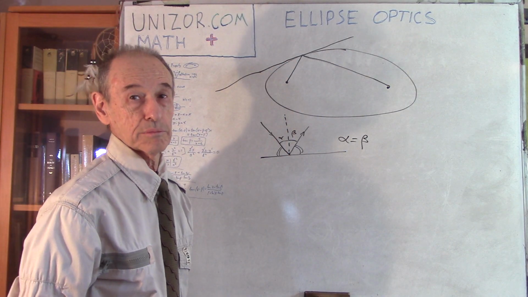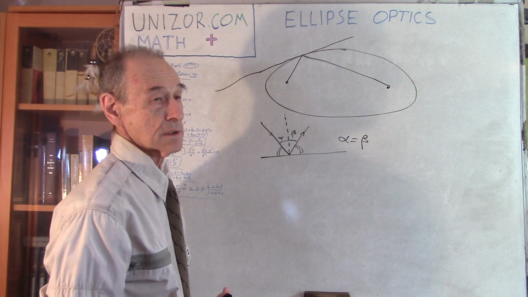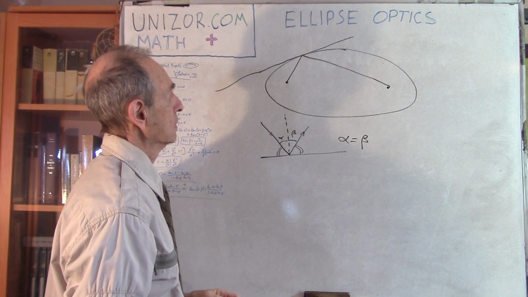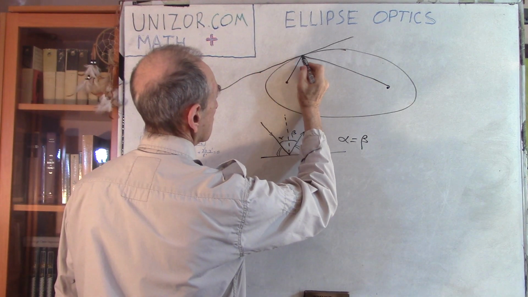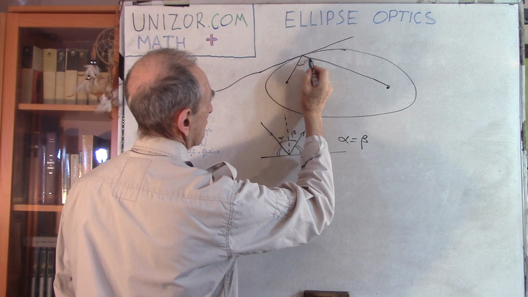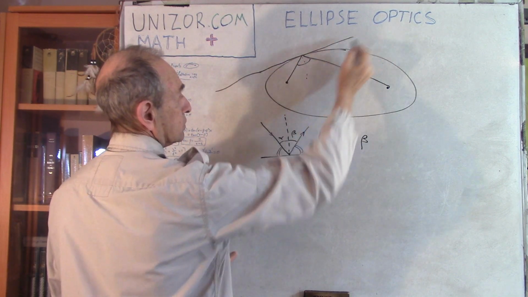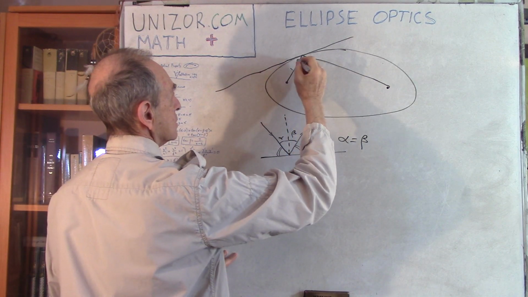So that's it. Instead of the curve, we change the curve to a tangential line, which is tangential at that particular point where the incident ray is directed. And then the law is, if you have a perpendicular here, then these two angles are equal, perpendicular to the tangential line, I mean. Or if you wish, these two angles.